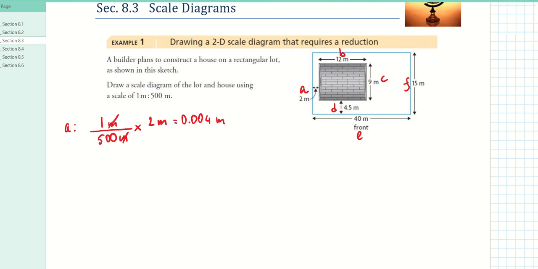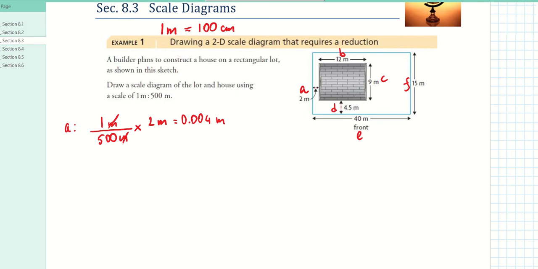Now we want this in units that we can easily sketch, right? So we want to convert it to either millimeters or centimeters. In this case, it's probably easiest to convert to centimeters because that's the easiest kind of unit to work with. Millimeters are maybe too small. So 1 meter has 100 centimeters, which means if you want to convert meters to centimeters, you multiply by 100.